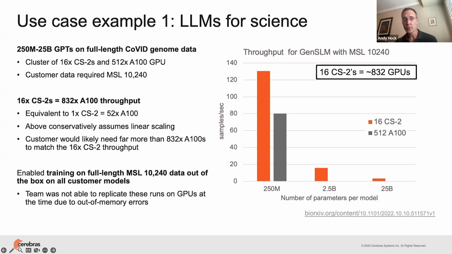The team trained them on both a cluster of 16 Cerebras systems, that Andromeda cluster that Nick mentioned earlier, and also on ANL's own 512 A100 GPU cluster. And what you can see in the chart on the right, we have samples per second in terms of training throughput as a function of model, the 250 million, 2.5 billion, and 25 billion parameter model.